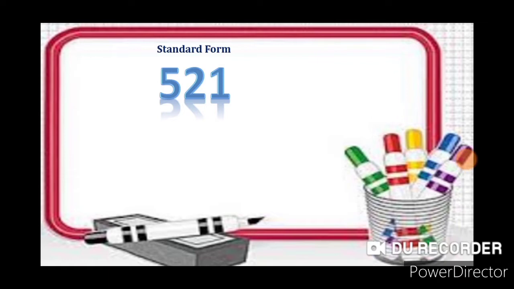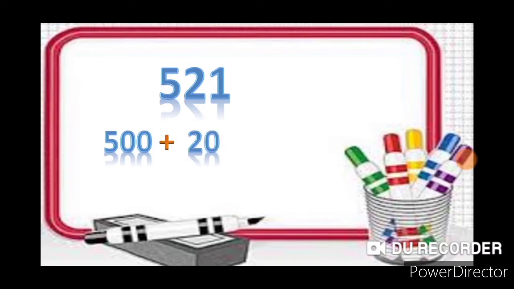5 in this number is in the hundreds place, so 5 is going to be 500. 2 is in the tens place, so 2 is going to be 20, and 1 is in the ones place, so it is going to be 1 only.